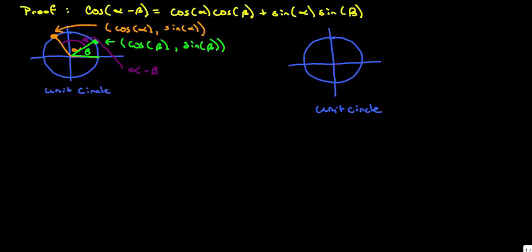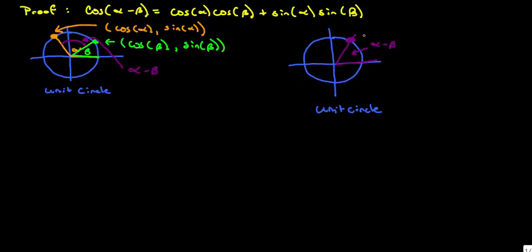So it's going to look like this. So what I've done is I've taken this guy and I've rotated back so that this edge right here falls on this axis. So I've essentially rotated this angle down, which is this. So this angle right here is the angle alpha minus beta.